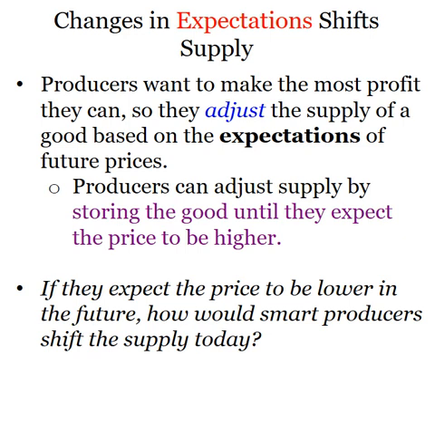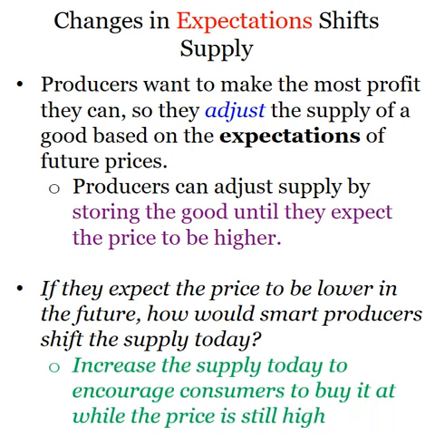So if they expect the price to be lower in the future, how would smart producers shift supply today? Do they want you to buy the product now at the high price, or do they want you to buy the product in the future at the low price? They want you to buy it now. So they're going to put as much as possible on the shelves today to encourage you to buy it at a high price and hopefully reduce the inventory by the time the sale rolls around.